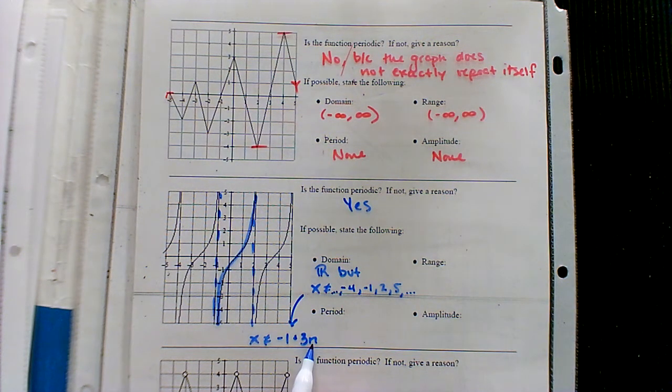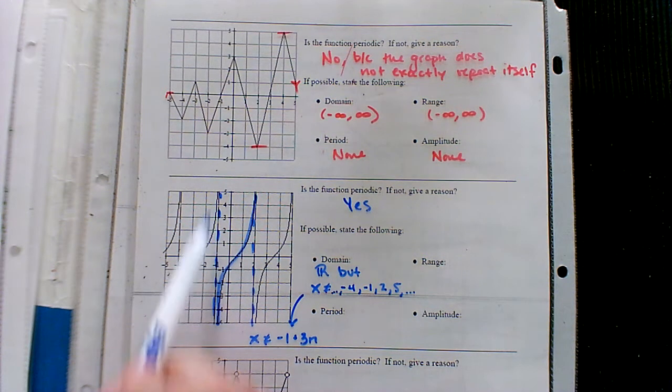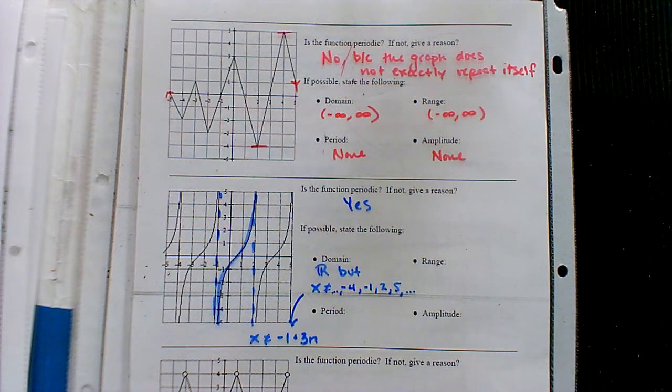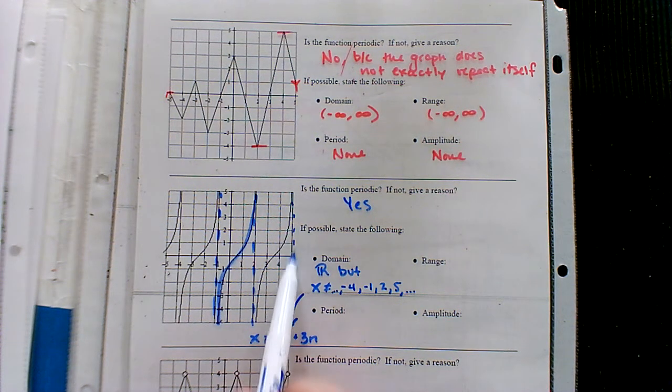So for instance, if we let n be 0, notice how x cannot be -1, okay, because that's where an asymptote is. If you want to let n be 1, we would have -1 plus 3, which would be 2. Okay, there's another asymptote at 2. If you want to let n be 2, we'd have -1 plus 6. And notice how that would be 5.